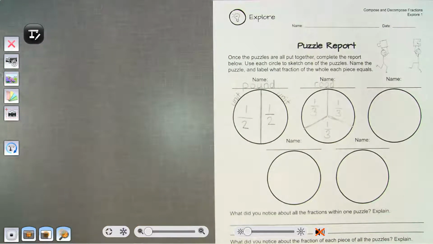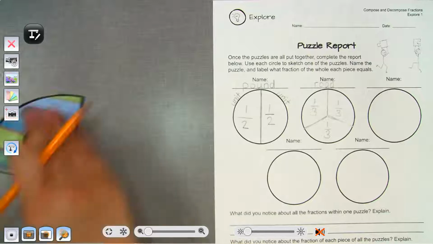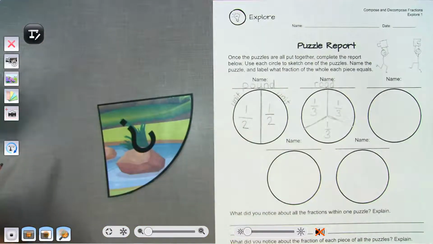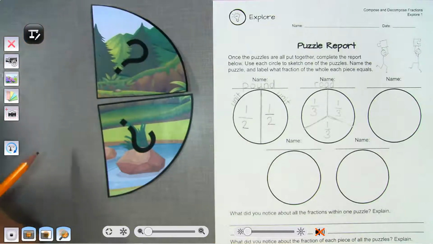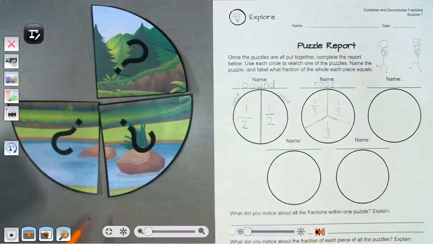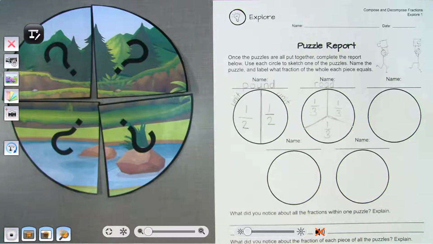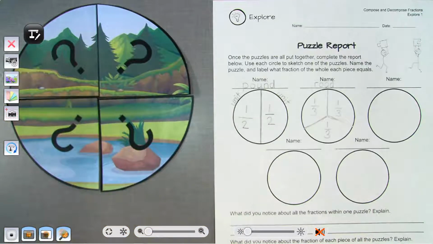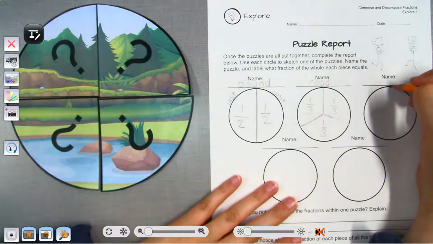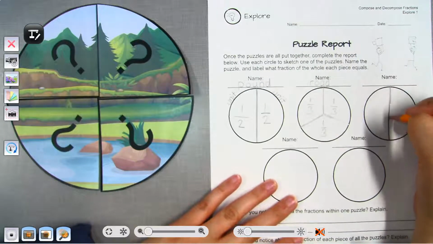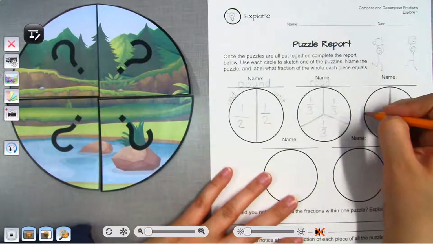Let's look at our next piece. So I have 1, 2, 3, and 4. I have 4 pieces, so what would I call this? I would call this fourths. So I'm going to divide this into fourths.